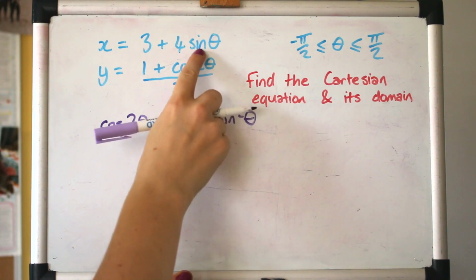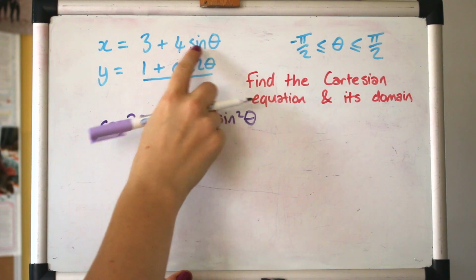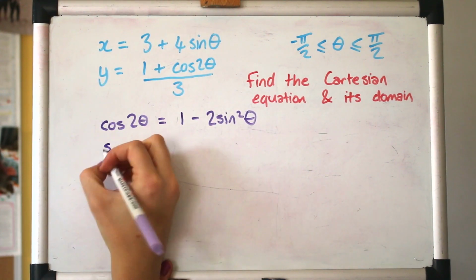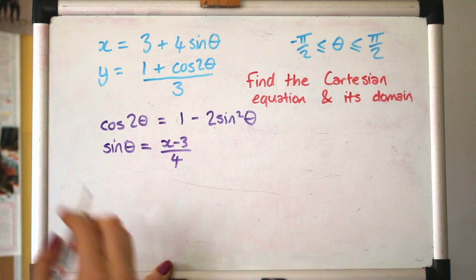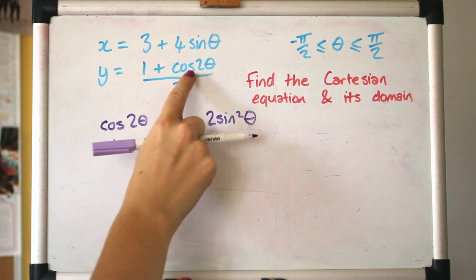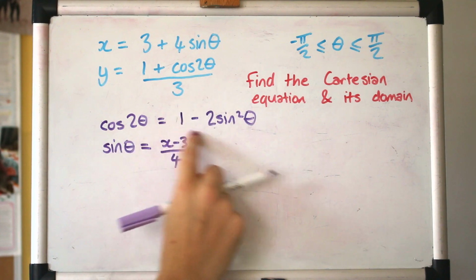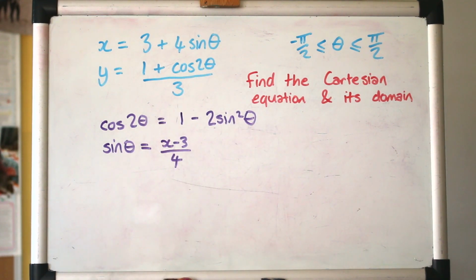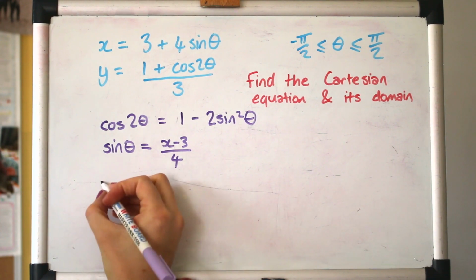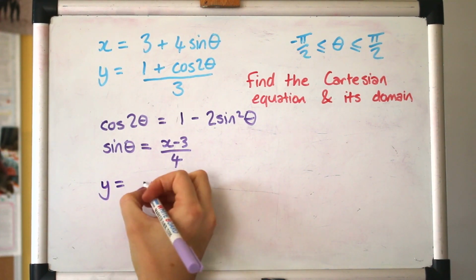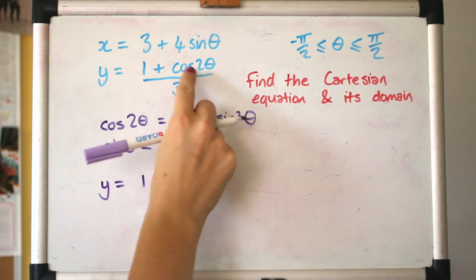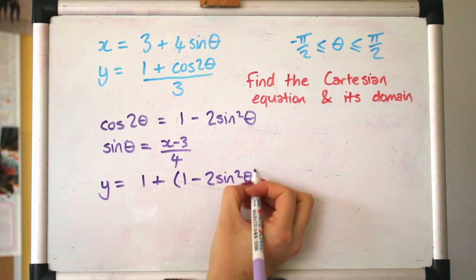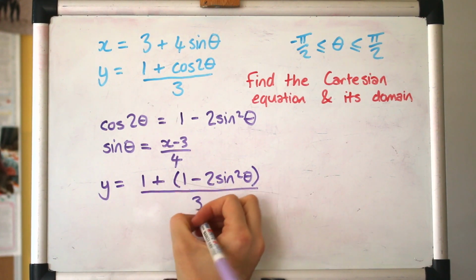So it would make sense to make sine theta the subject of that equation up there. So now we can replace cos 2 theta with this and replace sine with that. Let's do it in 2 steps. So we're taking our y equation, 1 plus cos 2 theta we know is this, and that's all over 3.